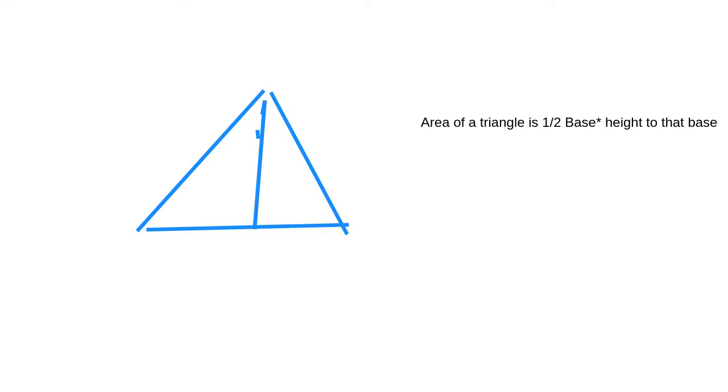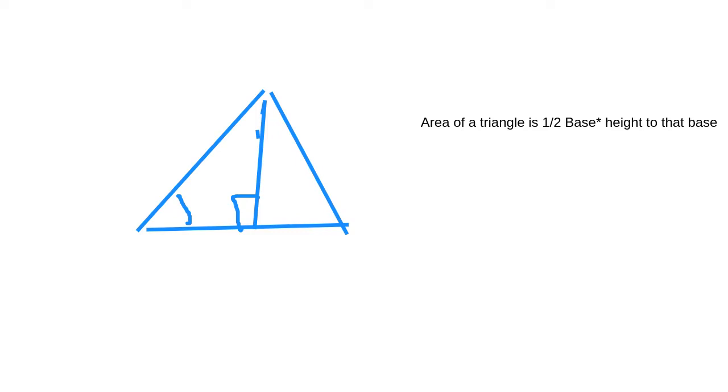Now, each angle of an equilateral triangle is 60 degrees. So this is 60 degrees, and this is 60 degrees. This is bisected, so this is 30, and this is a 90-degree angle.